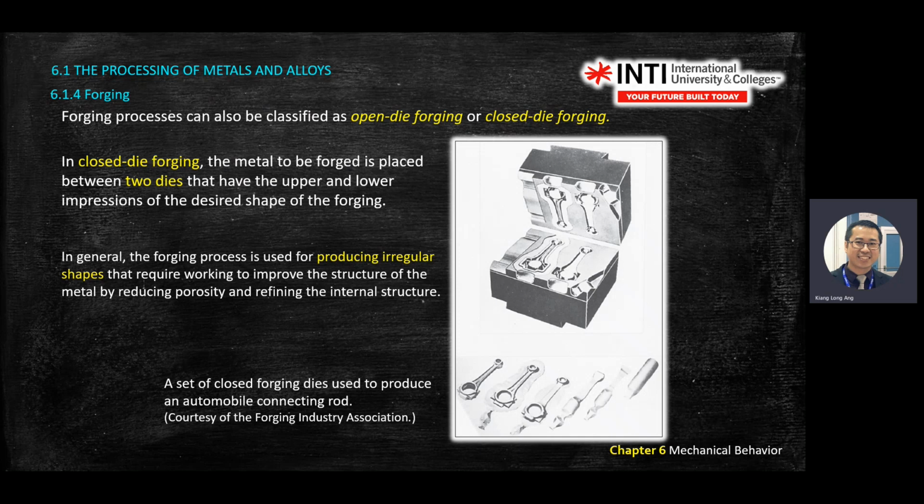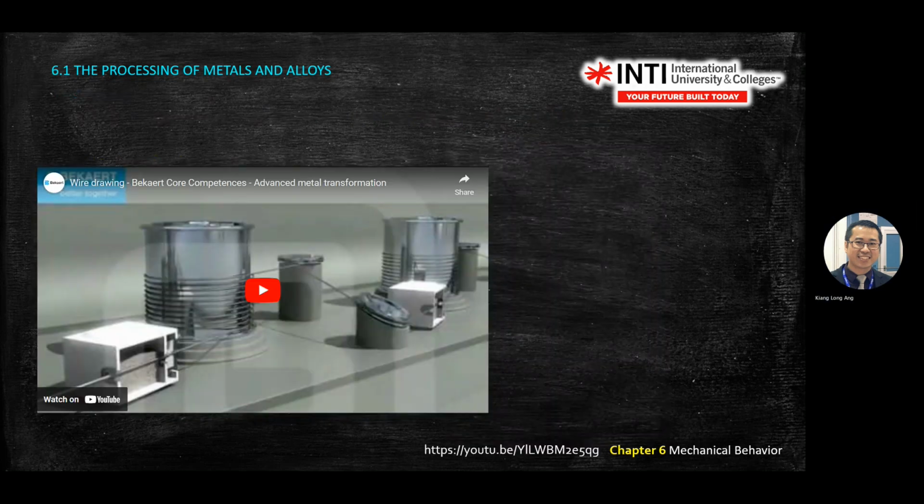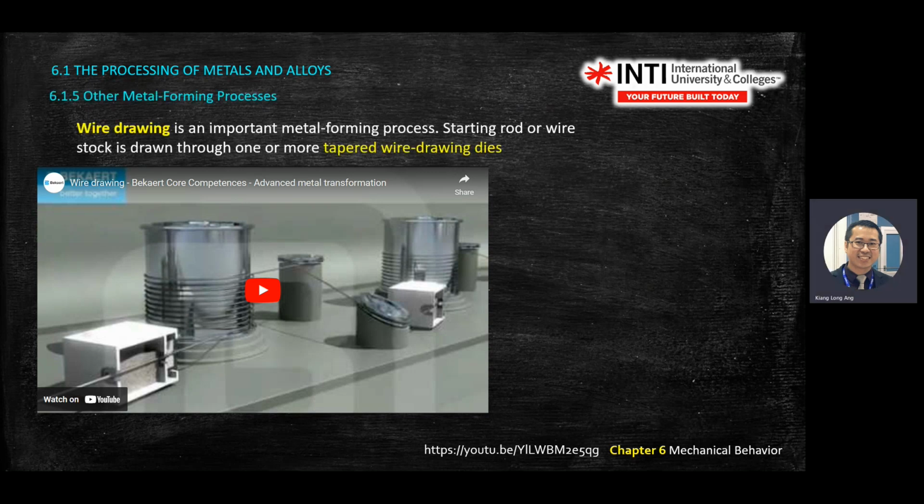Then pressing, forging, and so on. This is wire drawing, how the wire was processed, right? I give you the animation one because it's better, gives you a better illustration. One type of metal forming is wire drawing.